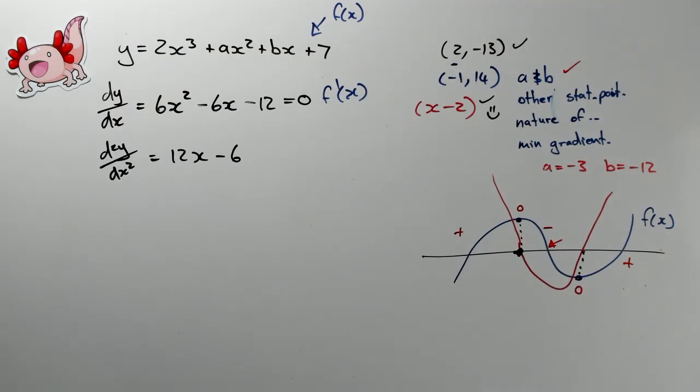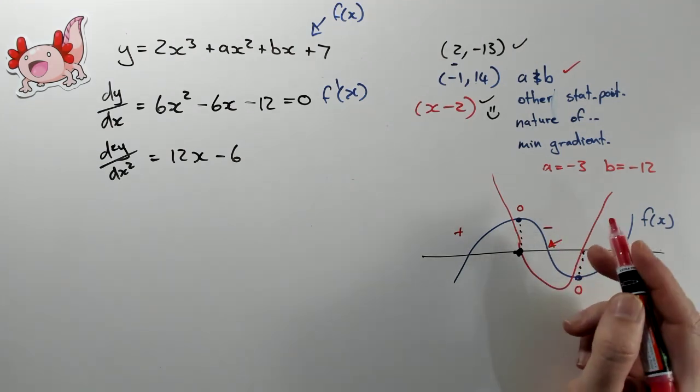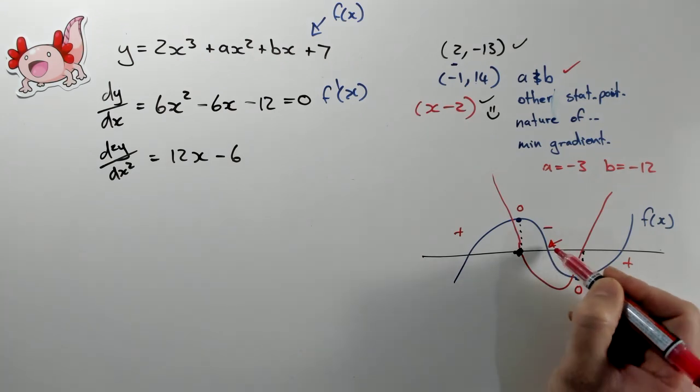And the question is reading, it's saying, find the coordinates of the point on the curve where the gradient is minimum. So minimum means the lowest gradient. So the lowest negative gradient, and it would be just around here, just before it starts going positive. And that is the point of inflection.